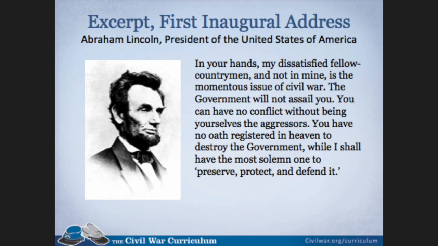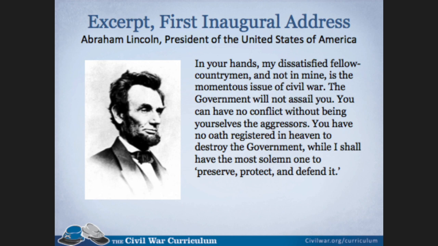You have no oath registered in heaven to destroy the government, while I shall have the most solemn one to preserve, protect, and defend it." So he's saying, in response to states saying that they're going to leave, that it's your choice to have civil war, that the government will not attack you if you do not leave, and that if you leave, you will become the aggressors, the people who have chosen war.